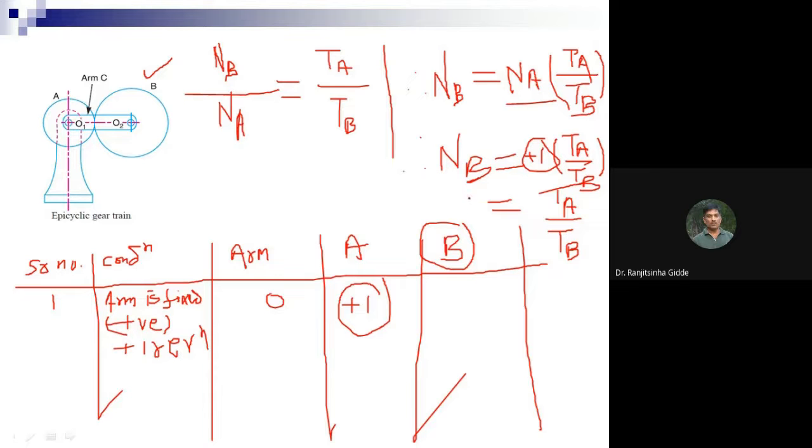TA upon TB. So NB is equal to TA upon TB. So this we are going to write here, TA upon TB as it is.